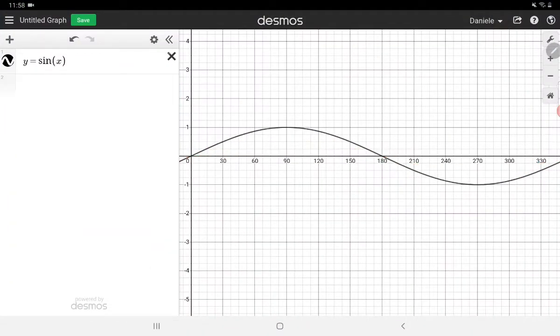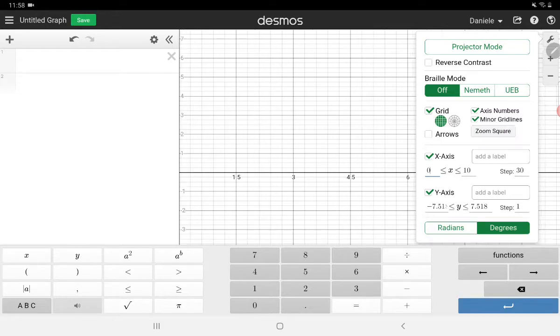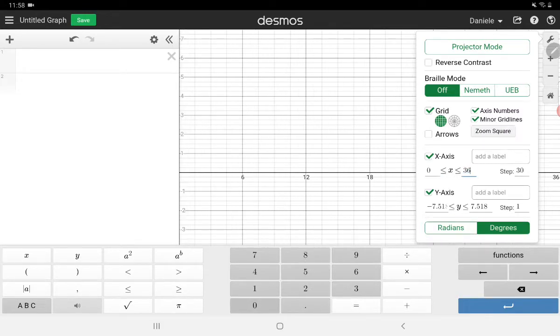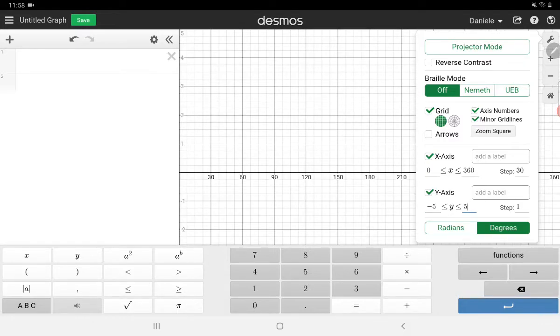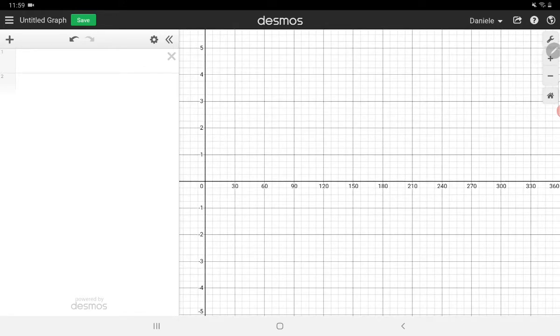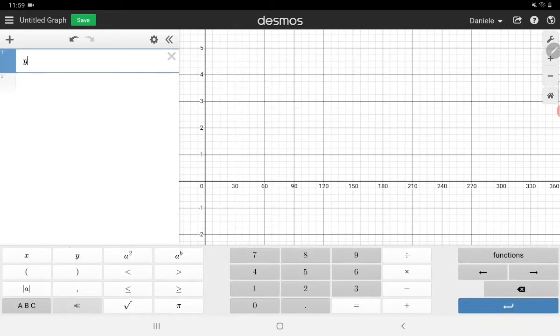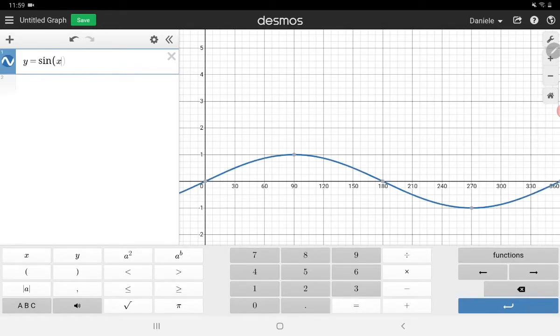All right, so let's come back in here. Set it back up again. Okay, so now we're going to do y equals sine x. And we're going to do y equals sine of 2 times x.